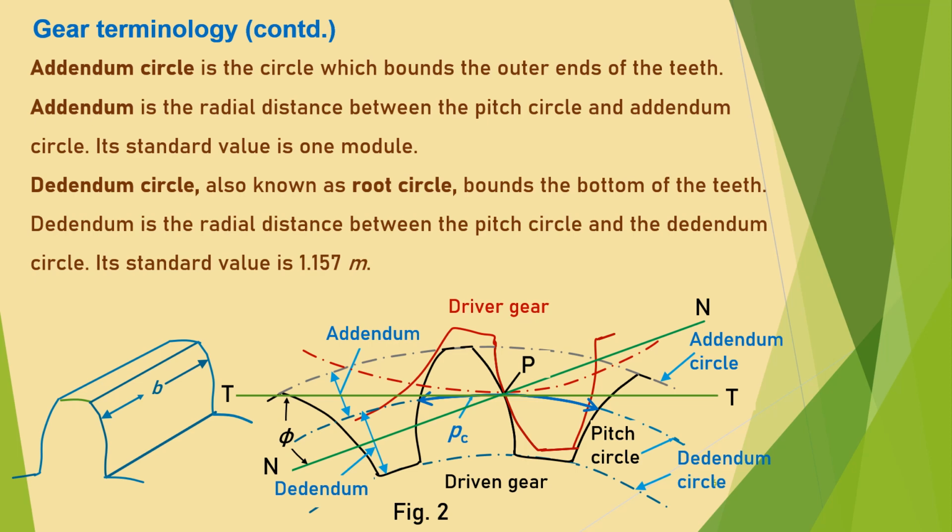The dedendum circle, also known as the root circle, bounds the bottom of the teeth. Dedendum is the radial distance between the pitch circle and the dedendum circle. Its standard value is 1.157 module.